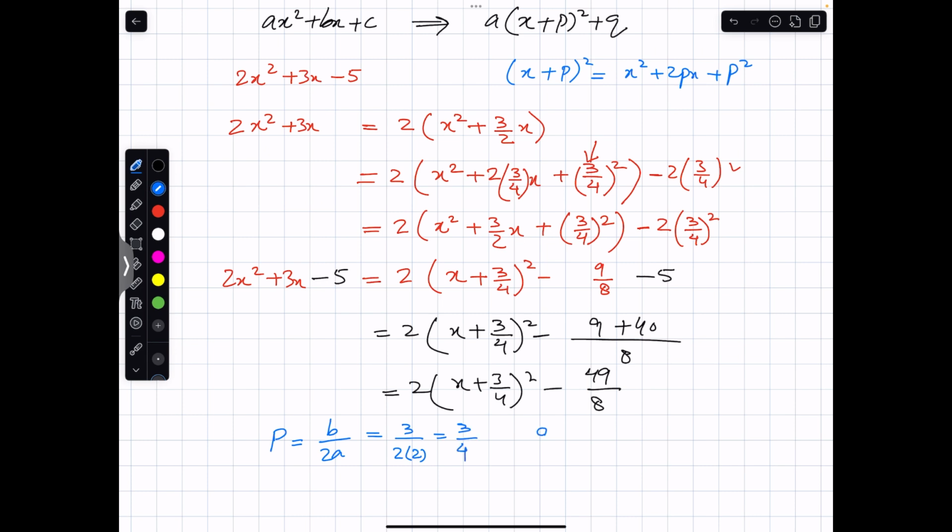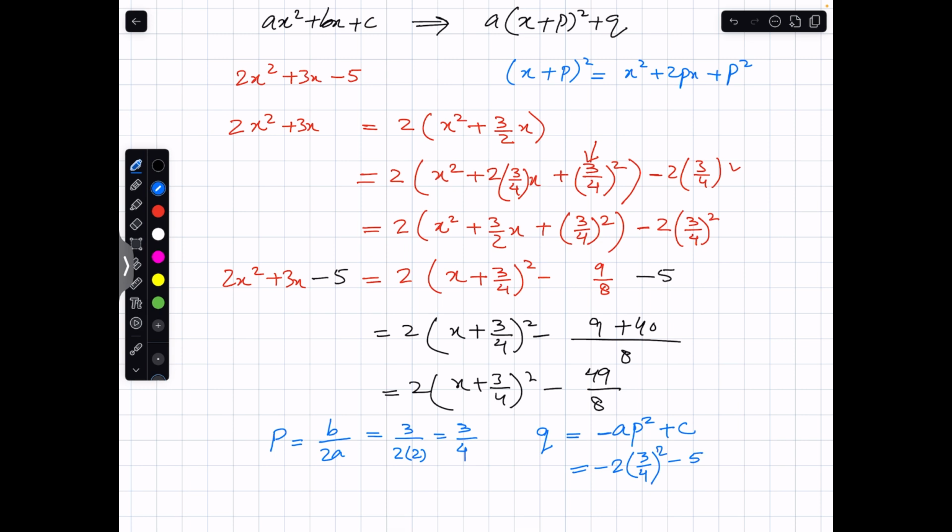And the q term will always be equal to minus a p square plus c. In this particular case, a is 2, so we write minus 2, p is 3 divided by 4, and c is minus 5, if we compare this with this. And this p is squared, right?